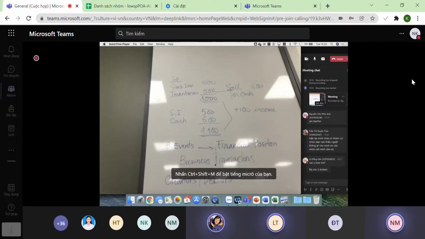We suppose that the teacher, I mean me, lends $1,000 to group number 3, right? And group number 3 used the $1,000 to do something, and after that, they earned $100 in income.